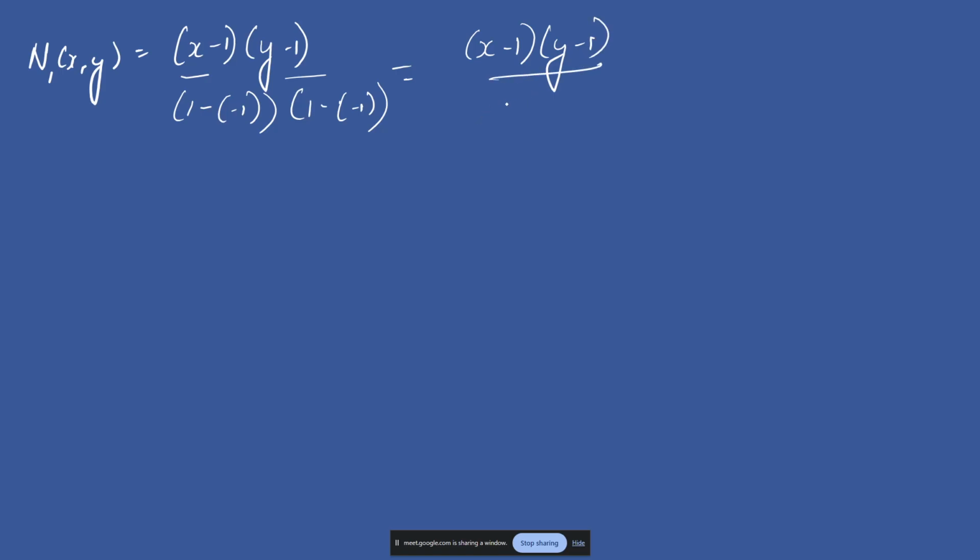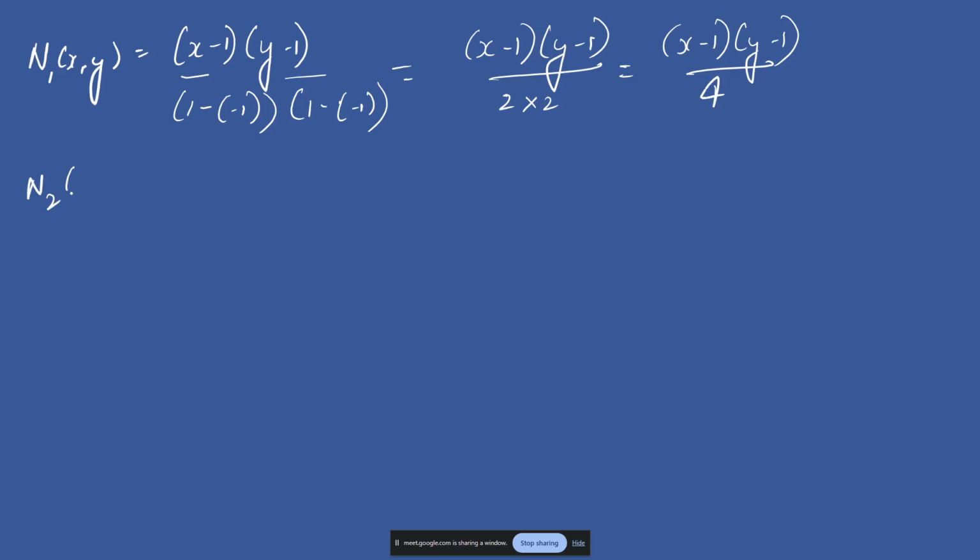So (x minus 1)(y minus 1) over 2 into 2, that is 4. So this is your first. Then similarly you can calculate all the shape functions.